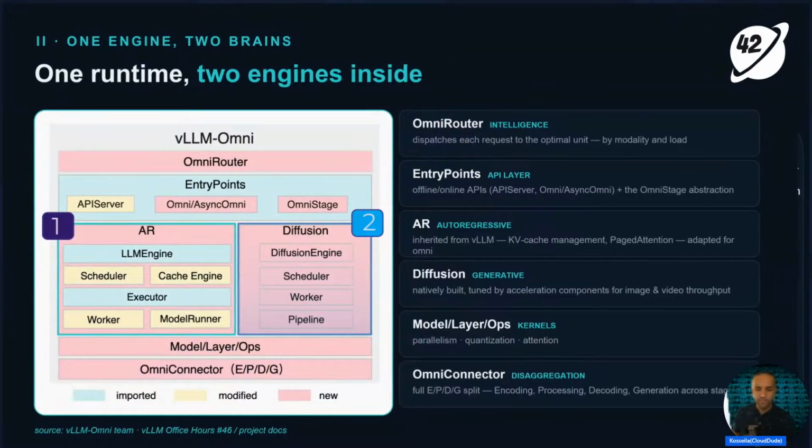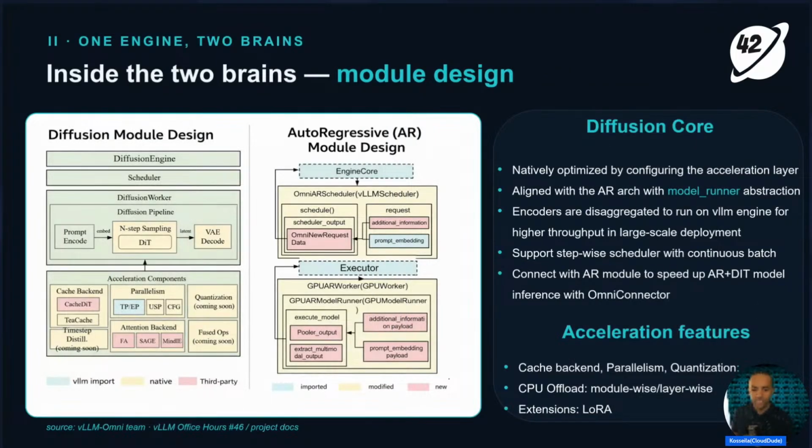So you can see here that the AR side and the diffusion side aren't really bolted together. They're just peers. They have the same scheduler discipline, same kernel, but different generation loops. One is continuous batching over causal decode, and the other is stepwise denoising.